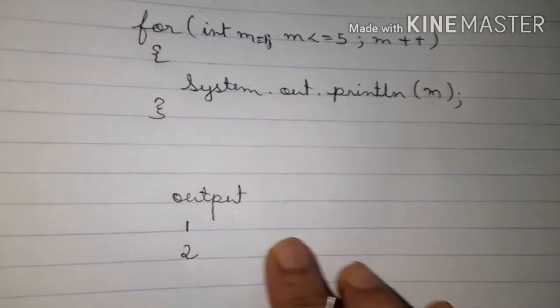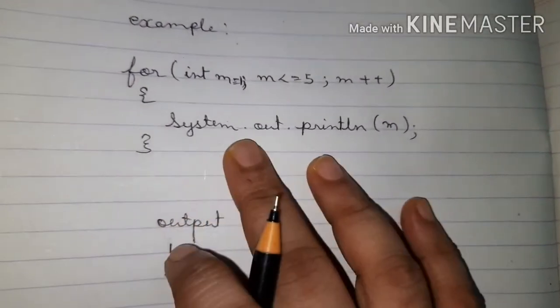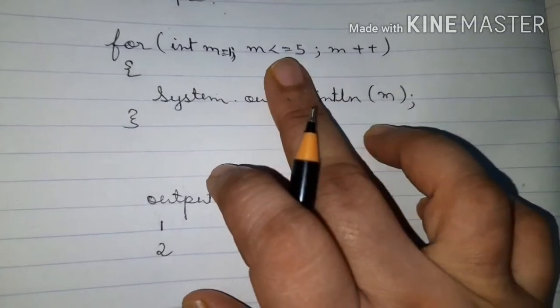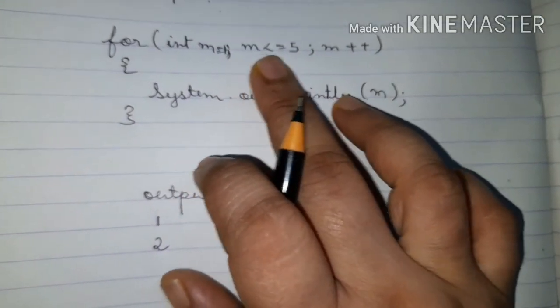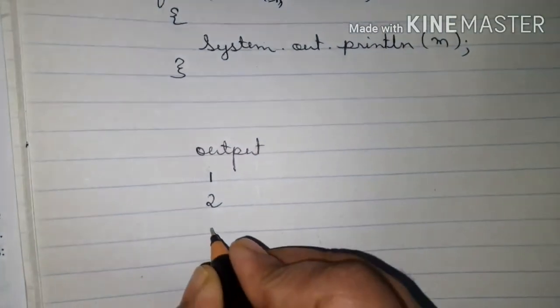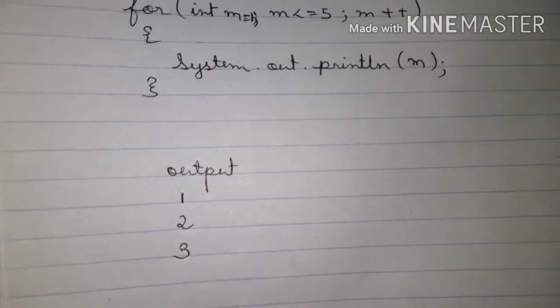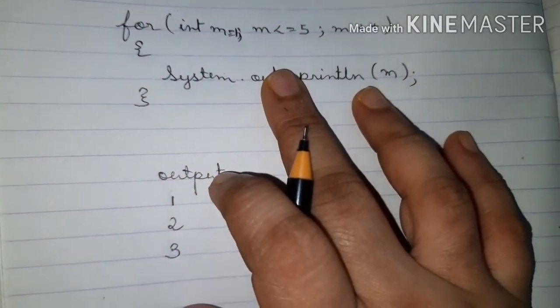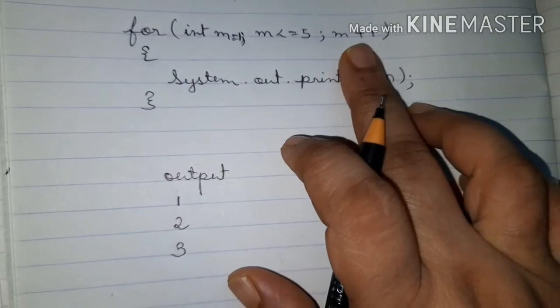Now the m is increased by 1 again. So it was 2. Now it became 3. So condition again, 3 is less than 5. It will enter here and it will display 3. Now again the m increased by 1. So it became 4.